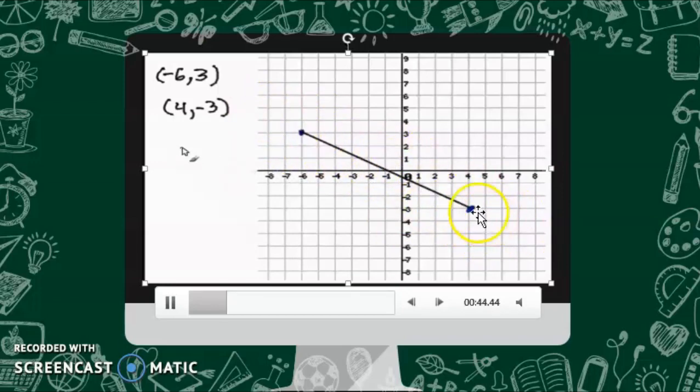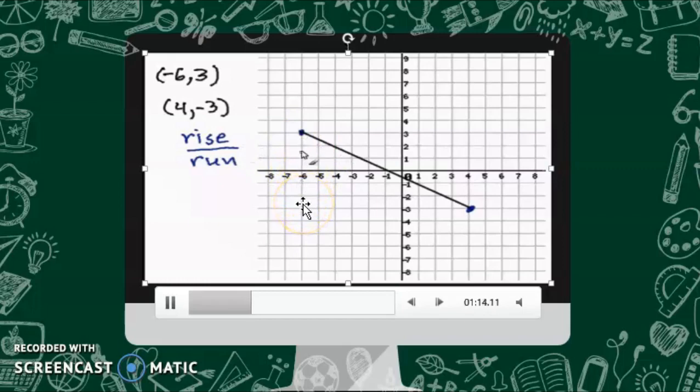So remember the method that we just used in the previous video, rise over run, we could use that here also to find the gradient. Now if you count carefully, you realize your rise is actually 1, 2, 3, 4, 5, 6.